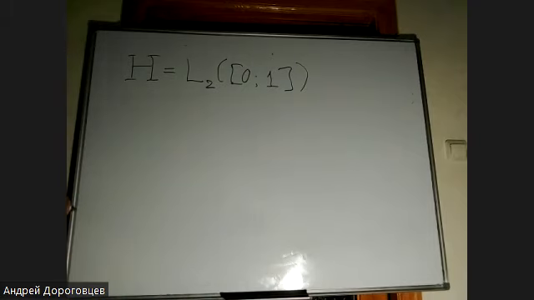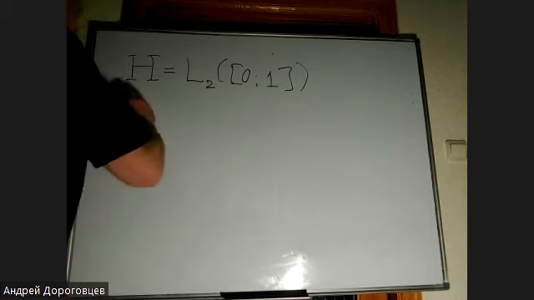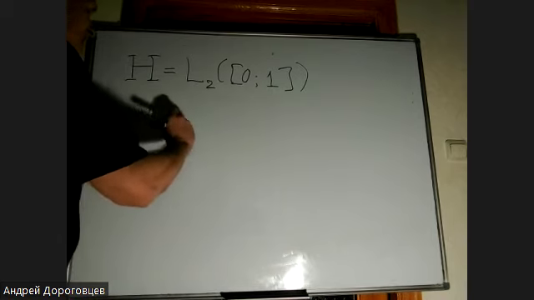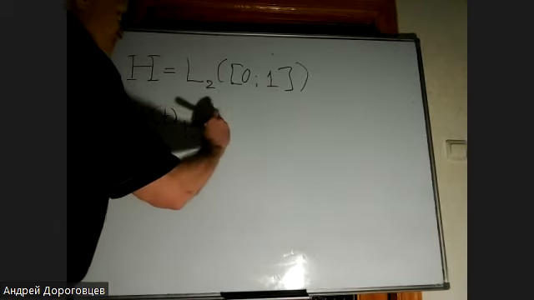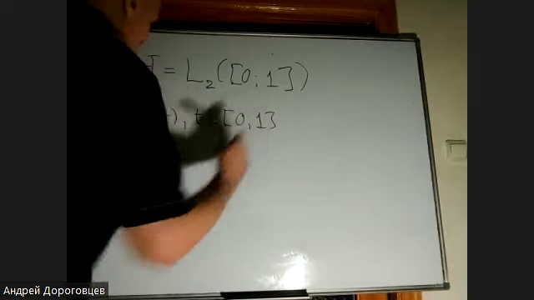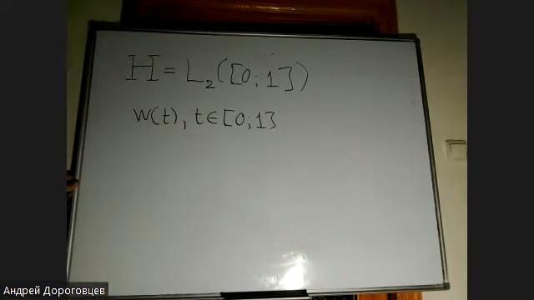And now it's time to define the Gaussian white noise related to the standard Wiener process W. How will we define it? Let us proceed as follows.